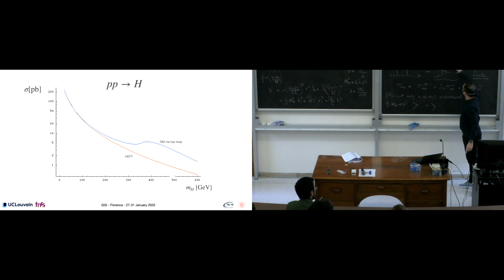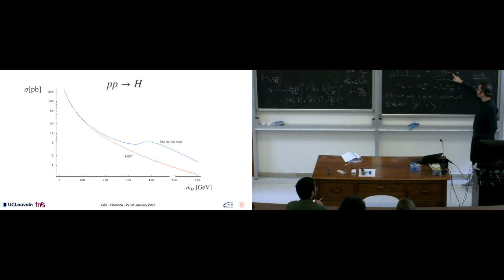Then this guy doesn't know that this is off shell. So I can use this plot to estimate how well my large top mass limit will work.